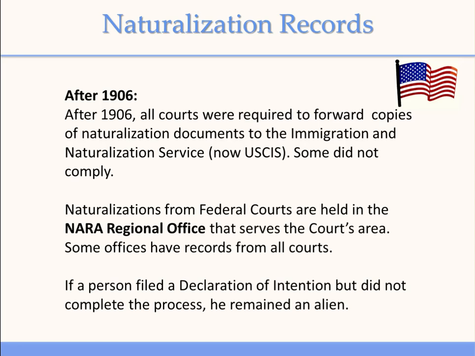However, all courts were required to forward copies of naturalization documents to what was then the INS and what is today USCIS. Unfortunately, some of those courts did not comply, so you may still have to go to your state archive office or your National Archives regional office to see if the naturalization records are held there. Remember, if a person filed a declaration of intention but did not complete the process, he remained an alien.